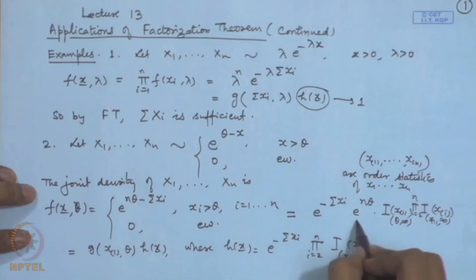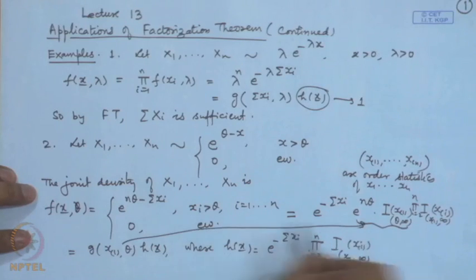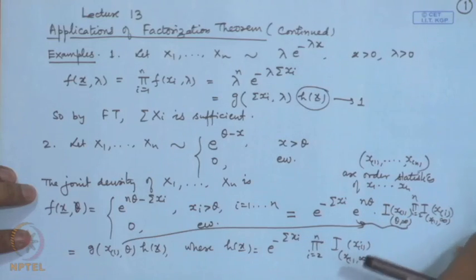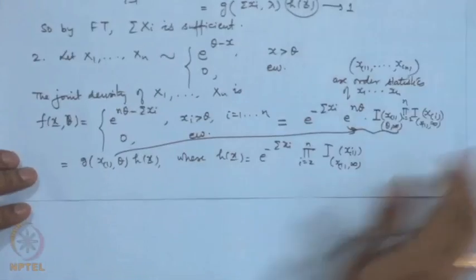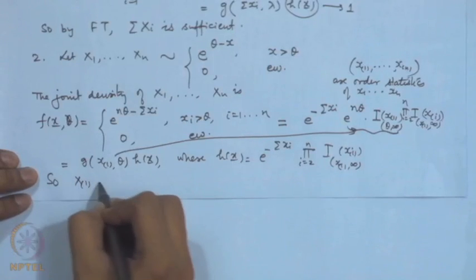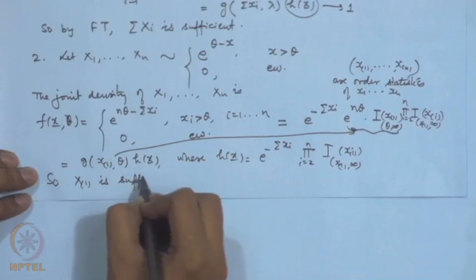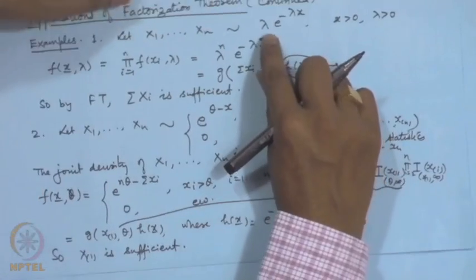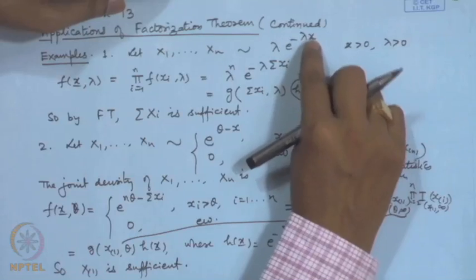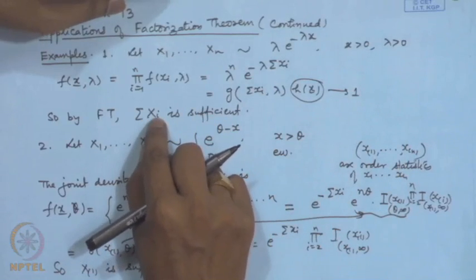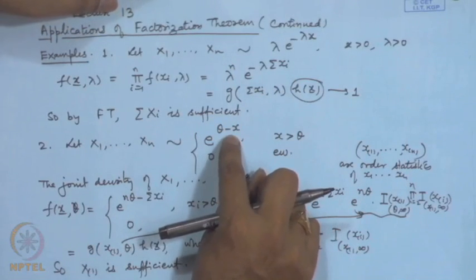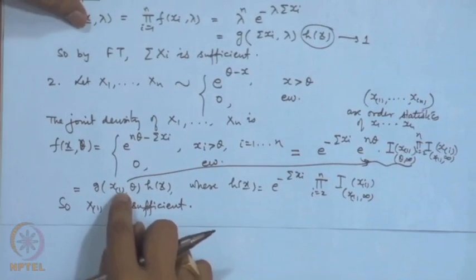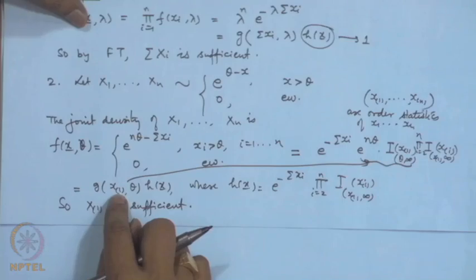So, g is a function of X(1) and theta. So, we conclude that X(1) is sufficient. Now, note here, when we had lambda as the parameter, a scale model, the sufficient statistic was sigma xi. Although here again we are dealing with the exponential distribution, the nature of the parameter has changed, and therefore the sufficient statistic is now the minimum of the observations.